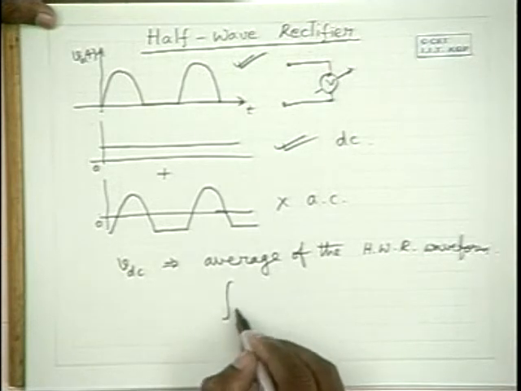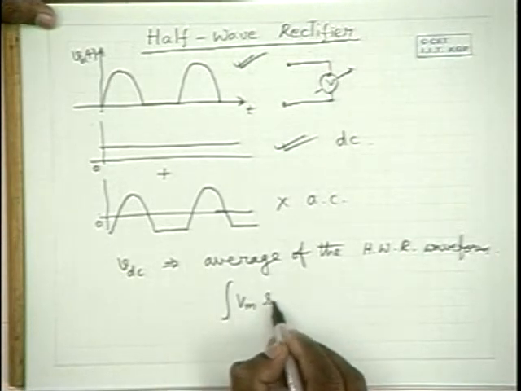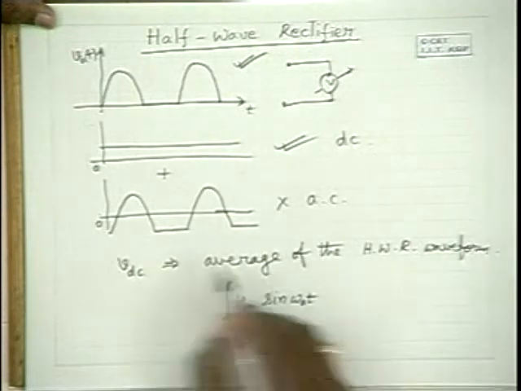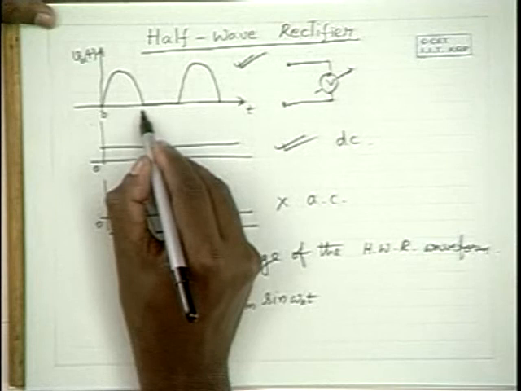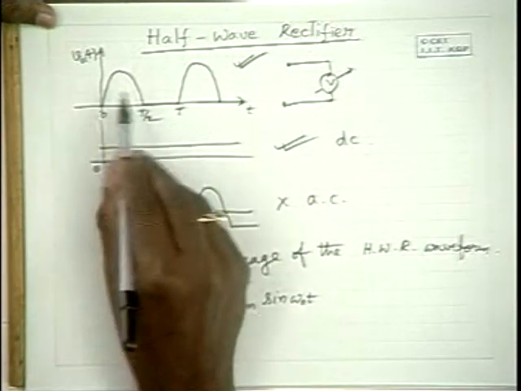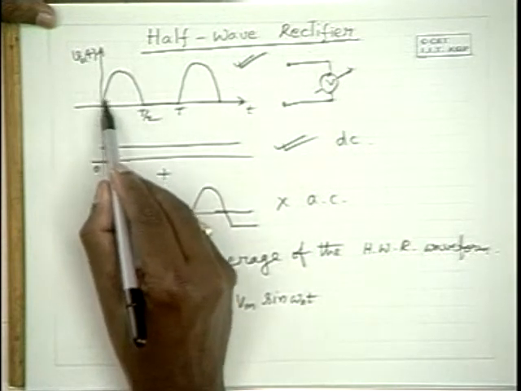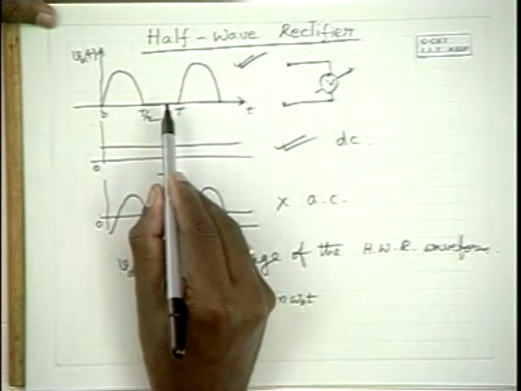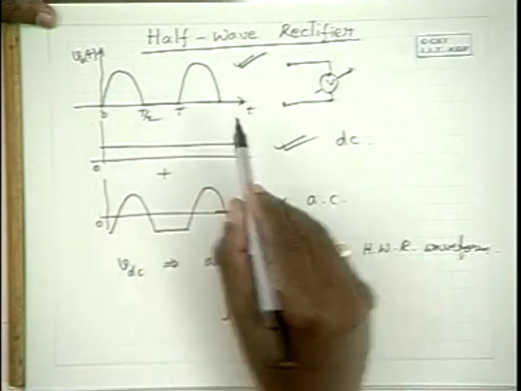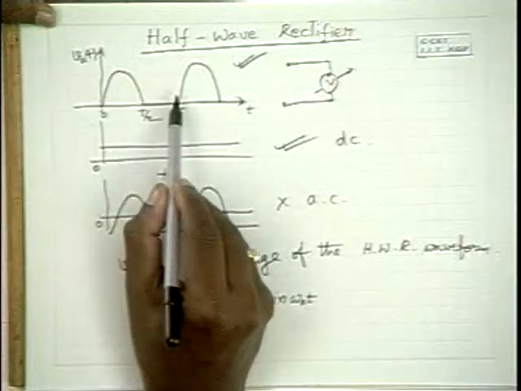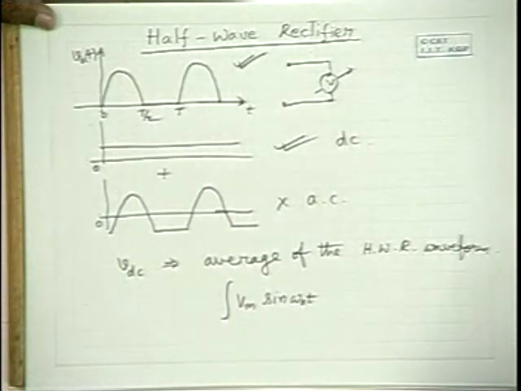You integrate the voltage Vm sin omega 0 t over the period, where for every full cycle you have one half cycle present, and average over one cycle is equal to average over two cycles is equal to average over any integral number of cycles. So let us find the average of the waveform within one cycle.